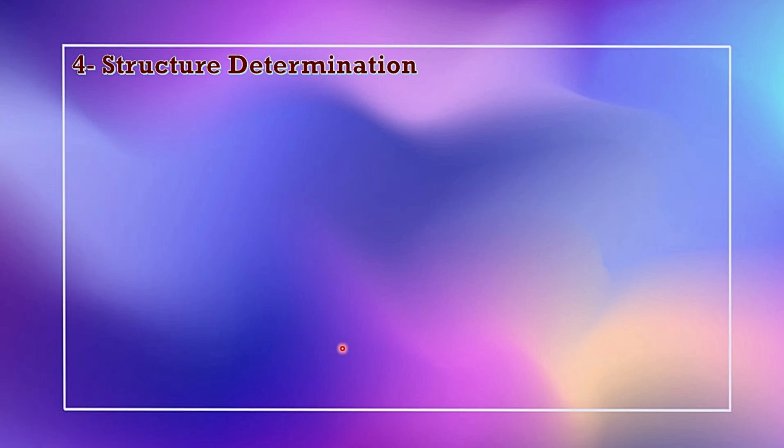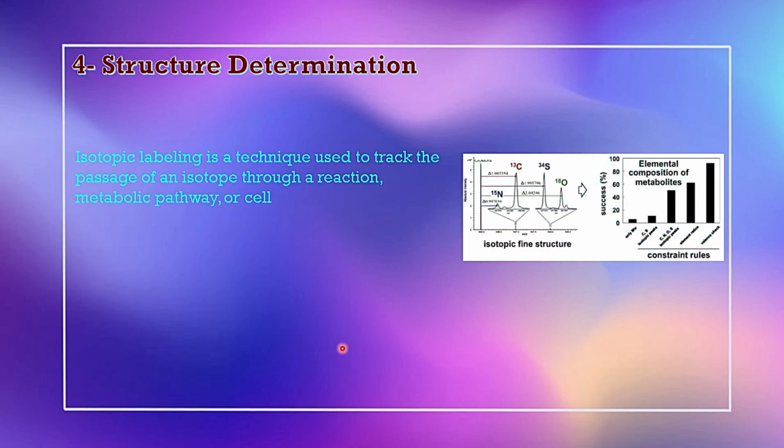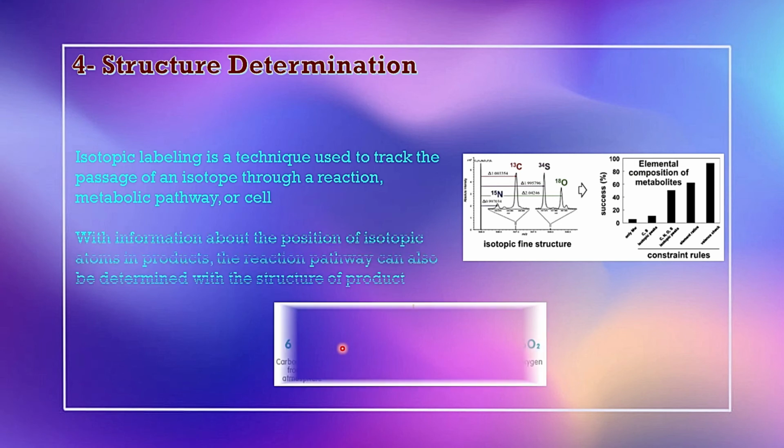Next use of isotopes is to determine structures and to determine the path of a reaction. Isotopic labeling is a technique used to trace the passage of an isotope through a reaction, metabolic pathway or cell.